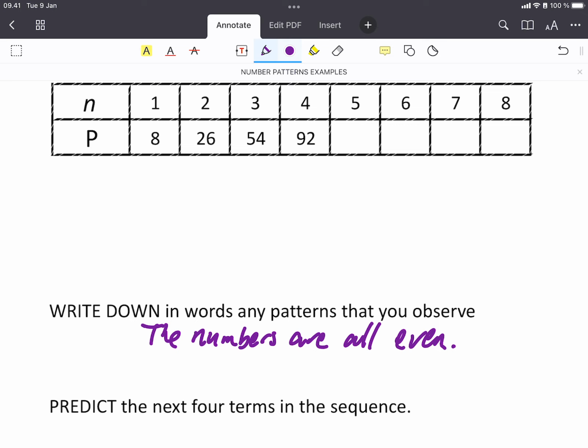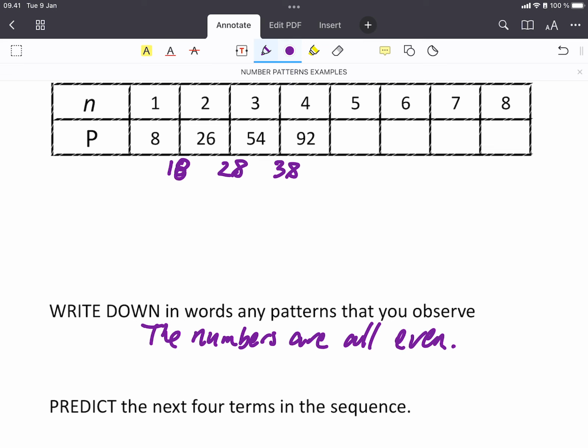So 8 plus 18 gives you 26. 26 plus 28 would give you 54. 54 plus 38.